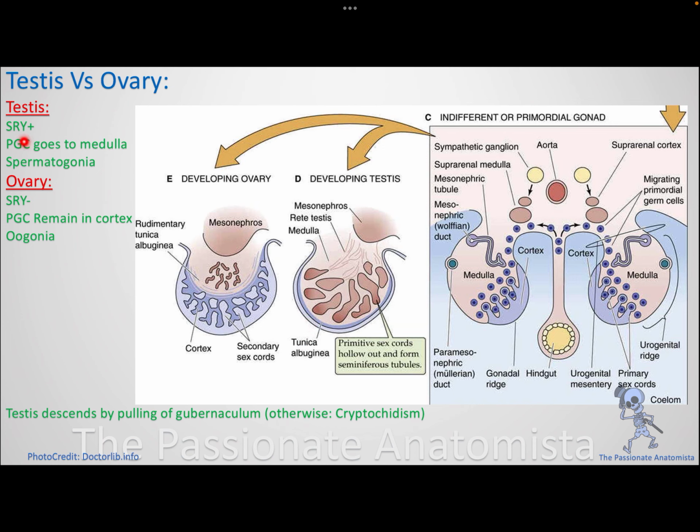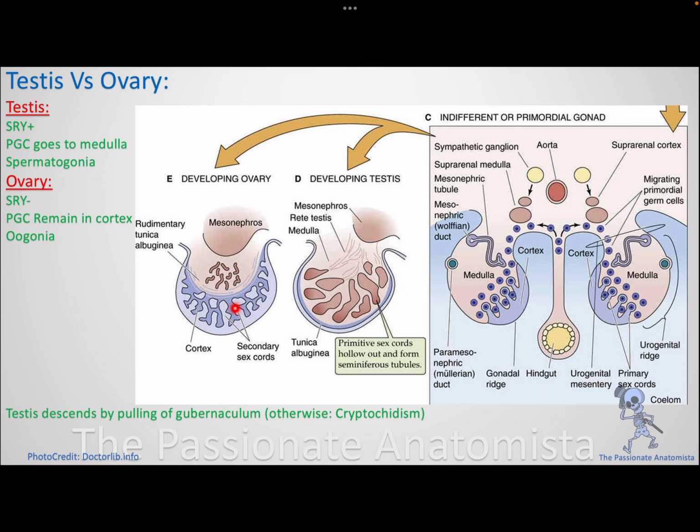By the presence of the SRY gene, the sex determining factor, Y protein. If we have it, we're going to proceed with the male stuff. If we don't have it, we're going to proceed with the female related stuff. All right, so that is the components of the testis and ovary, and you guys now understand from where we get the components of both of them.